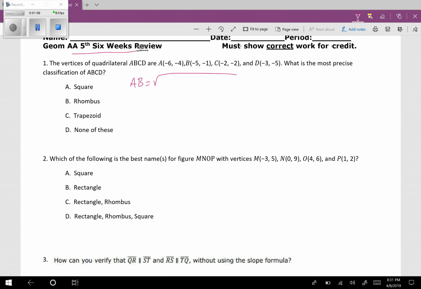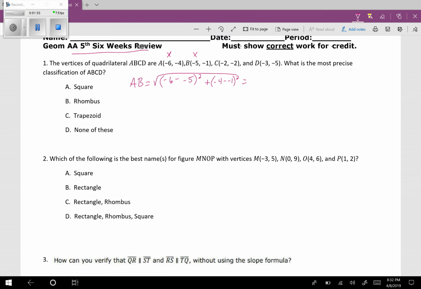Okay, now to make your life easier, you can just do A minus B. So we can do -6 minus -5, you square that, plus, so you have to get the x from both of them. Okay, and then now we do the y's. It's -4 minus -1, and square that.